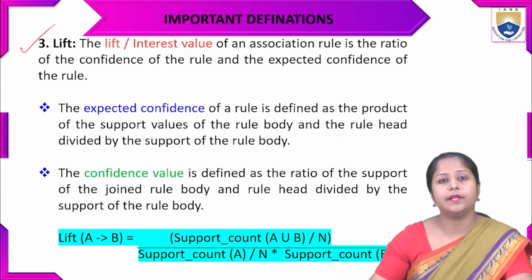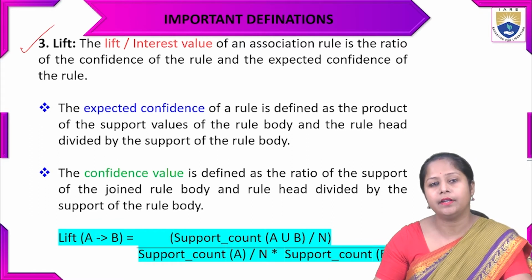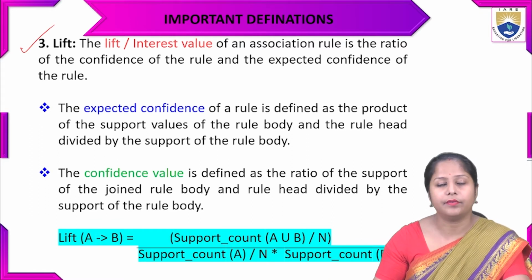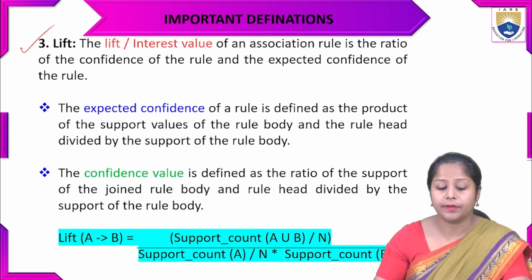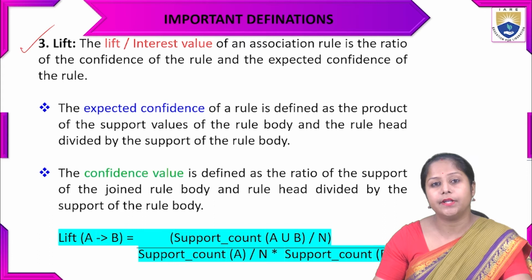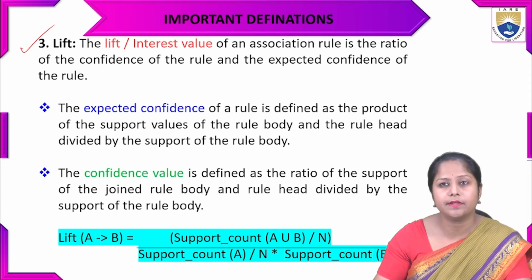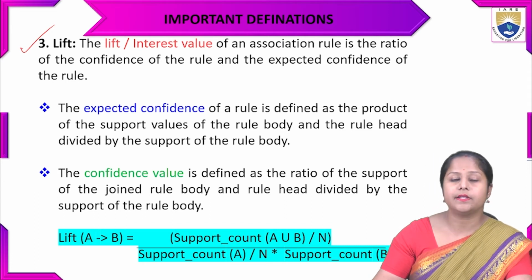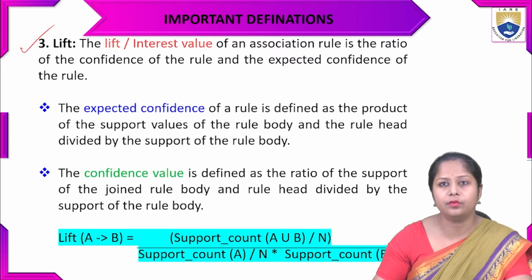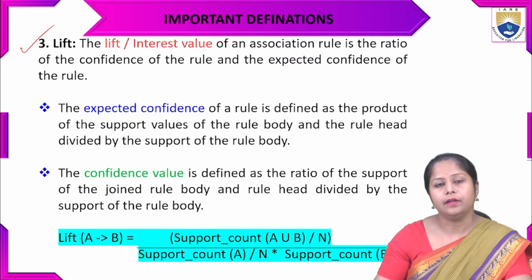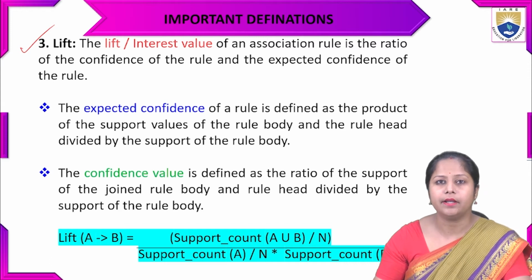The term lift also comes together when support and confidence are there. So what is lift? Basically, lift we can say is the interest value. Interest is the second word for that. That is an association rule measure, a ratio of the confidence of the rule and the expected confidence of the rule, right? So that will be divided by the expected confidence of the rule.